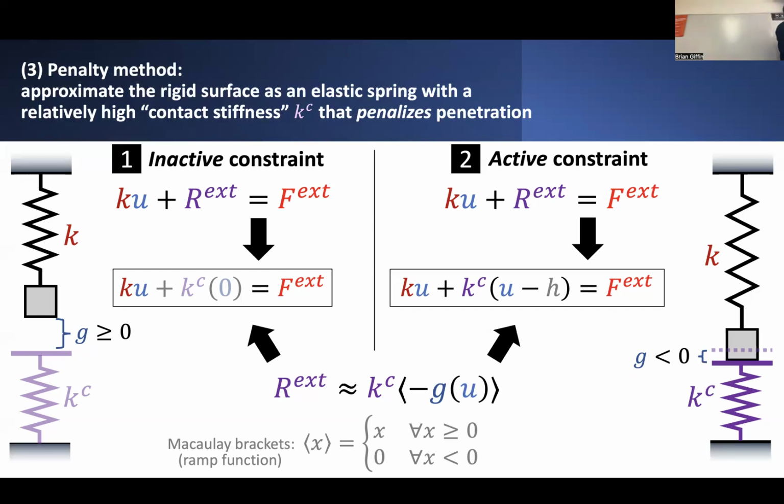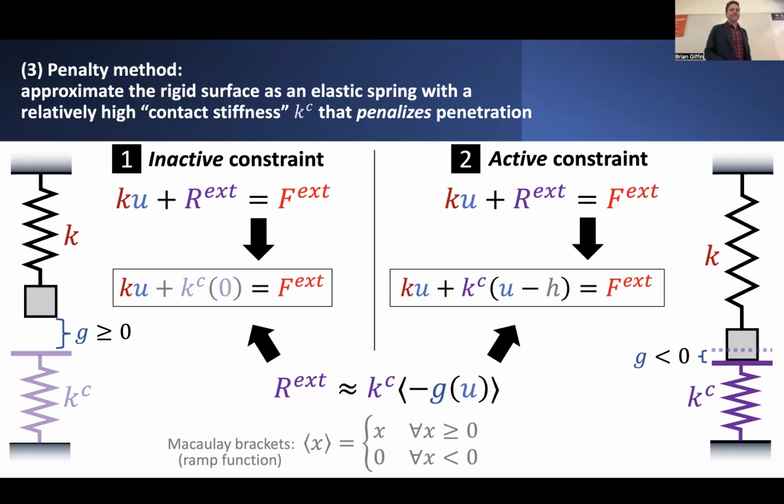And these angle brackets are sometimes called the Macaulay brackets. It's really just a fancy way of saying that if the thing inside of these angle brackets is, let's say, less than zero, then just evaluate this as equal to zero. And if it is greater than zero, then just leave it alone.